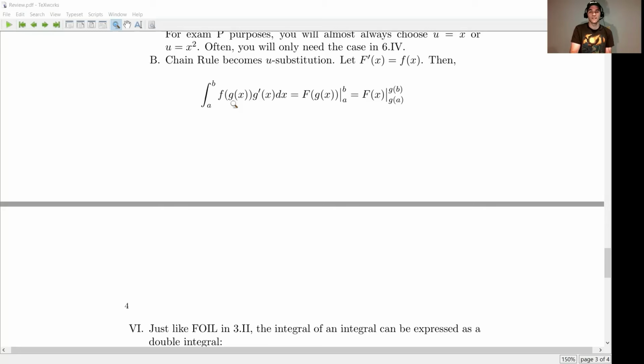If it works out, then when you take the derivative of little g, it will be just resting out there on the outside, and you can separate the little f and g prime and put it in this form so that when you integrate, you can just put in the capital F and evaluate over g. So you can think of it as evaluating from x values a to b of the composition f of g, or you can think of it as evaluating the capital F across the values g of a to g of b.